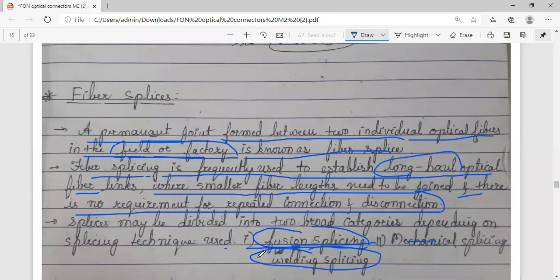When you see this term, welding means heat, right? So fusion splicing makes use of some heat technique for splicing. And the second one is mechanical splicing, in the sense that you use some mechanical devices for the splicing. In splicing, you are connecting two different things, right?